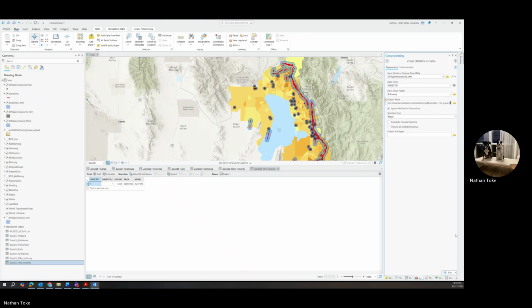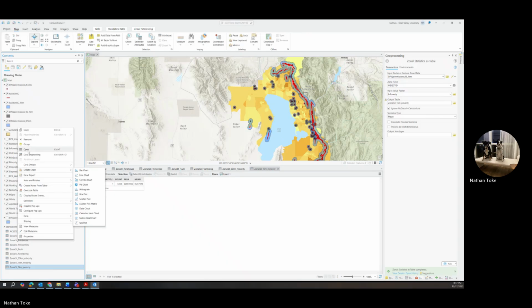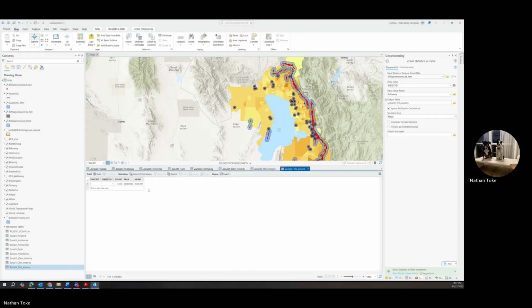Run that. And so we see here that 8% of people are in poverty in that half to 1 kilometer buffer area.